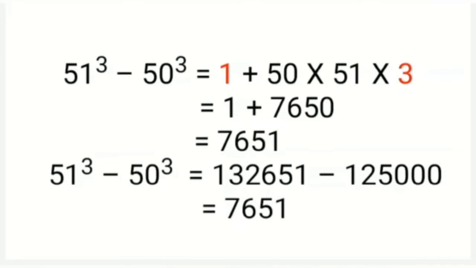And now the most important part to notice in this pattern is that this pattern is applied only for the consecutive numbers, not for all numbers. See, I gave first example, 2 cube minus 1 cube, consecutive numbers, 50, 51, consecutive numbers, right?